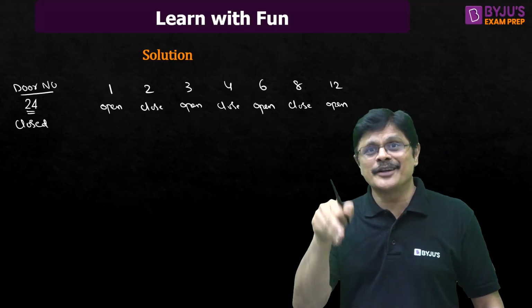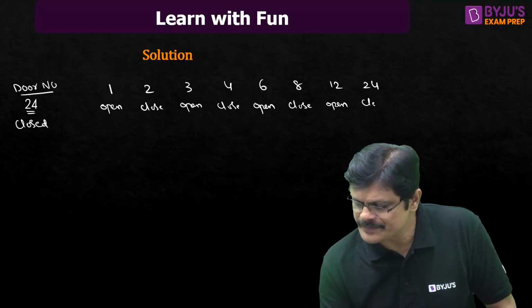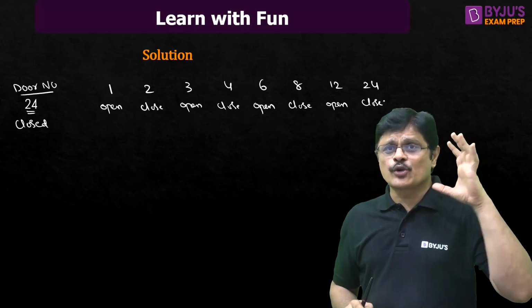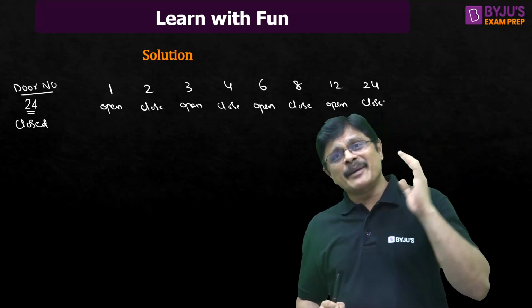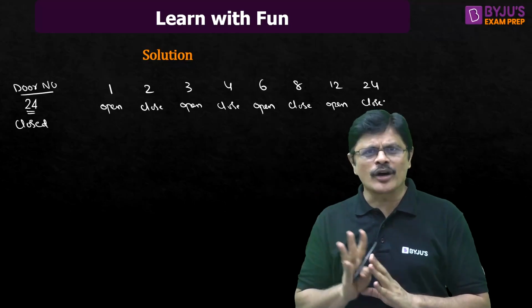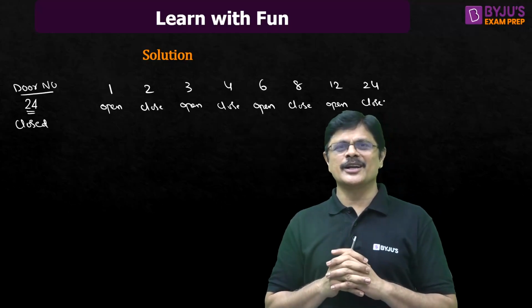The 24th student will toggle the door and close it. So initially the 24th door was closed and ultimately it is closed, because after 24 no other student will toggle this door.